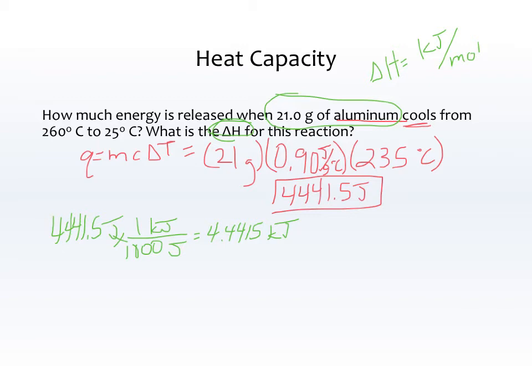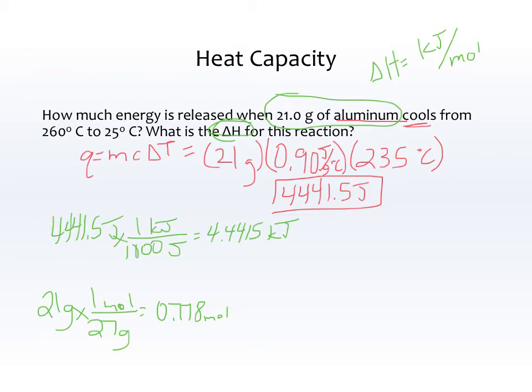So now I'm going to take that 21 grams of aluminum and convert it to moles. So 21 divided by 27 is 0.778, let's say, moles.